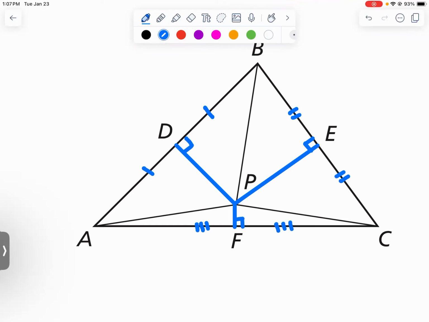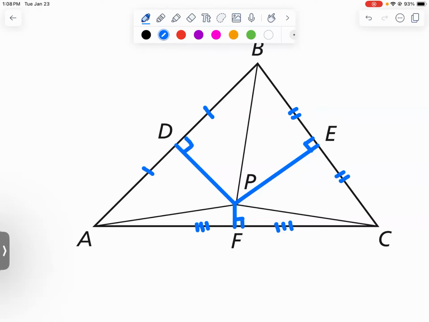Okay, that's what it is saying. The circumcenter is where our 3 perpendicular bisectors are meeting. So if it says, hey, this is the circumcenter, then we know those are perpendicular bisectors. Otherwise, it has to be marked. Does that make sense, Presley?